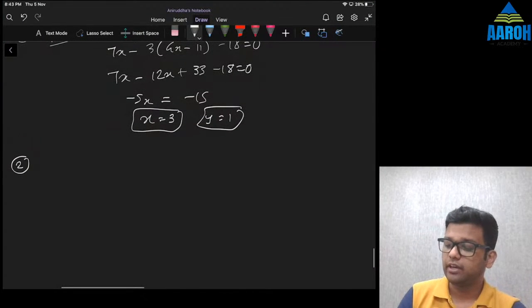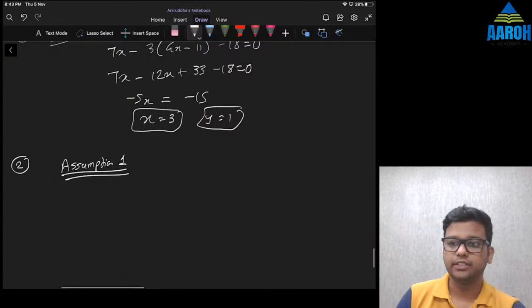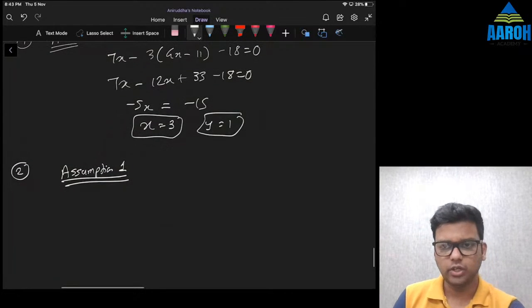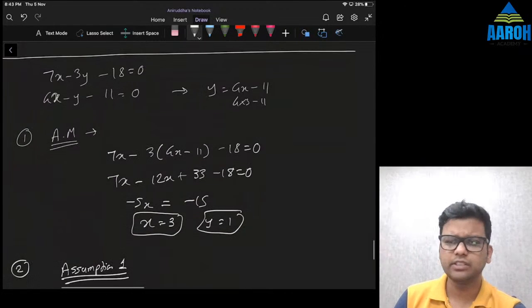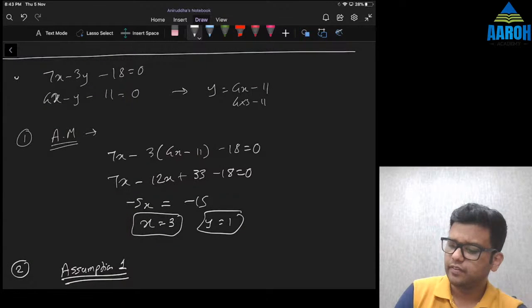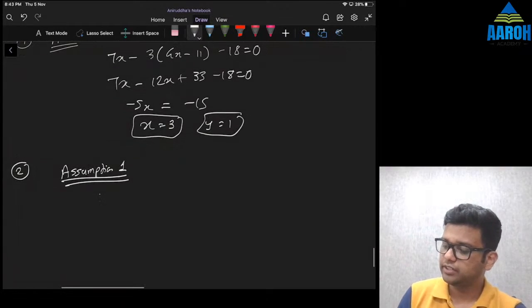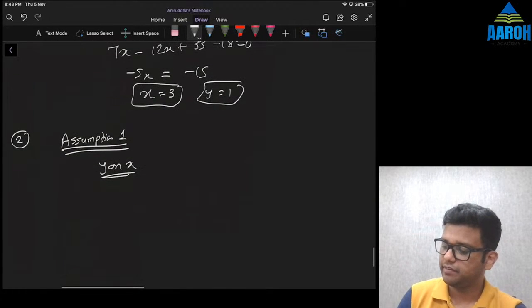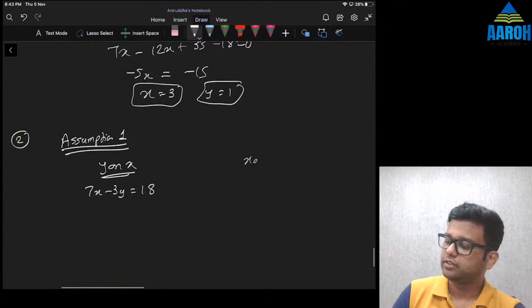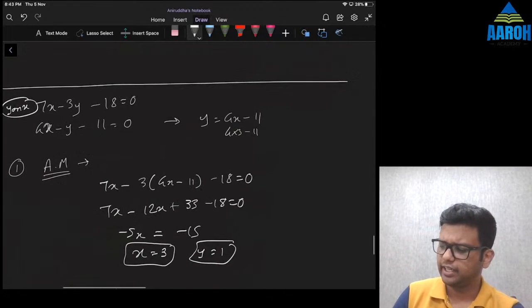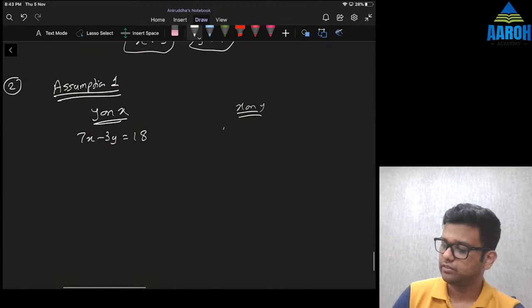For this we have to make an assumption. Let's say our assumption 1 is that y on x is the first line, 7x minus 3y is equal to 18, and x on y is obviously then the second line, 4x minus y is equal to 11.